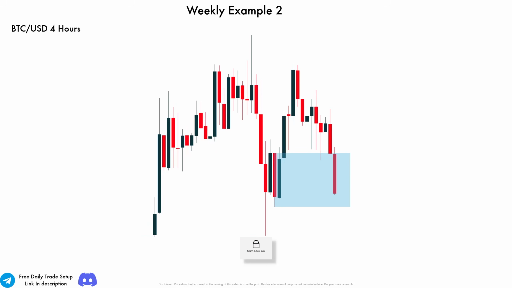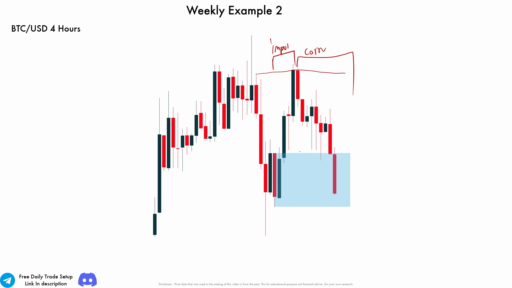Let's look at another example. This is Bitcoin on the 4 hours time frame. We have almost the same thing, but this time we don't have the particular structure that we can still identify. But looking at this price action from here and from here, you can clearly see that this one is very impulsive and this one is very corrective.